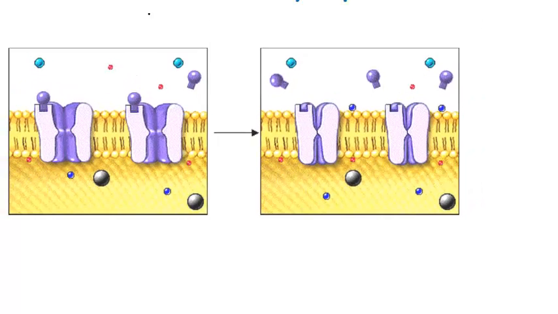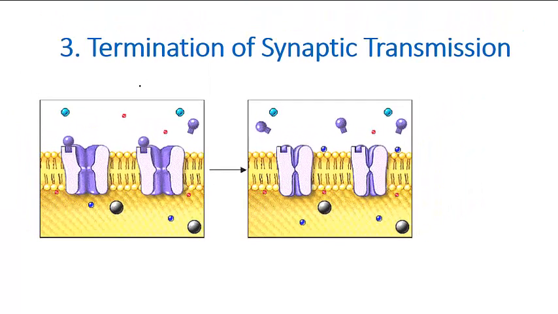Now the third part of synaptic transmission is the termination of synaptic transmission, because all this process has to have an end. Synaptic transmission ends when the neurotransmitter dissociates from the receptor. When the neurotransmitter is attached to the receptor, these channels stay open, but whenever the neurotransmitters are released, these channels are closed.